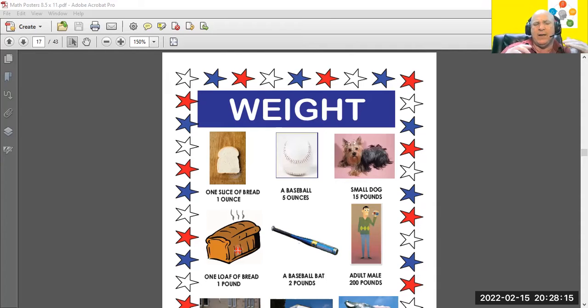So since 1 ounce is not the same as 1 pound, when we're doing our conversion and saying come together, I've got to figure out my total pounds that the two characters lost by adding them, and then do the division to figure out my total ounces lost by the two characters. If that is more than 1 pound, then I can divide the total ounces lost by 16, the number of ounces in 1 pound.